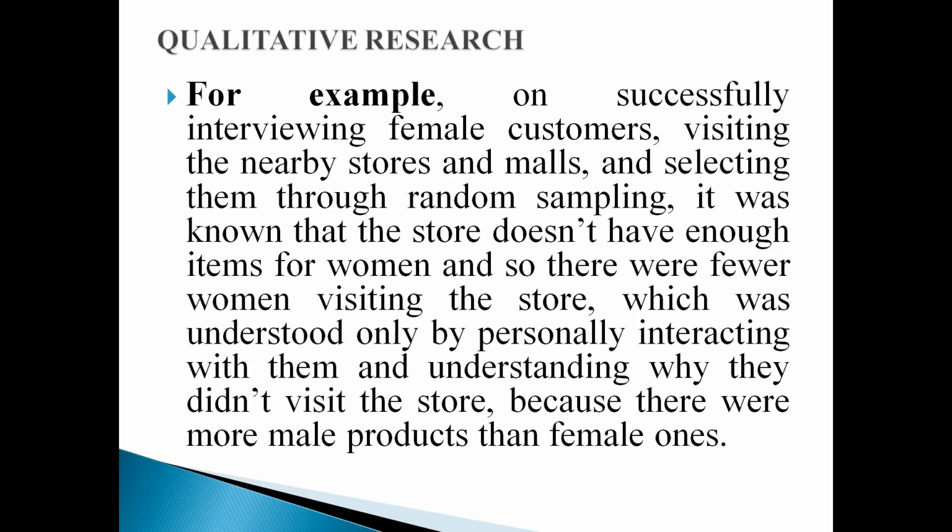The reason behind that was the products and items in that shop were less favorable for women, and also the products were fewer in number for women users compared to men. That was the reason the women visiting the store was less than men.